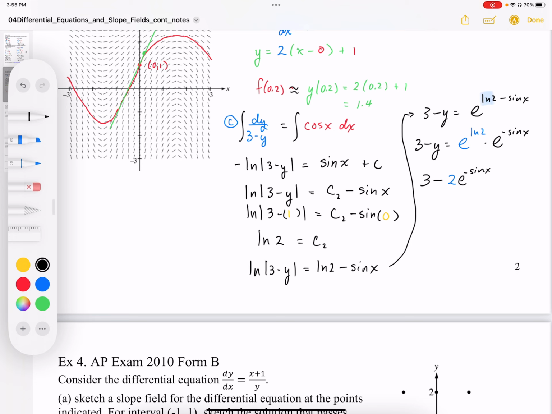I moved that over to the other side of the equation. I put the y on the left-hand side, and there's the specific solution to this differential equation. And this one will pass through the point (0, 1).